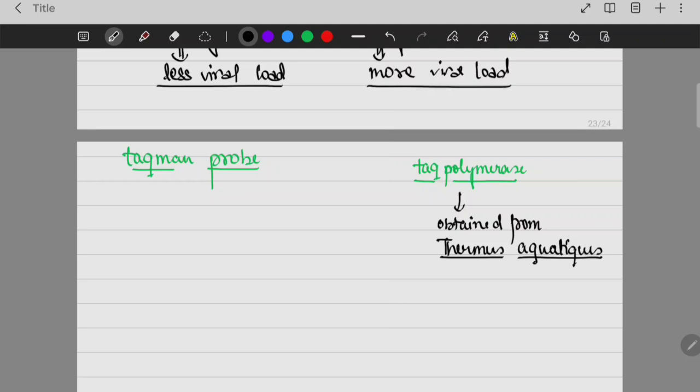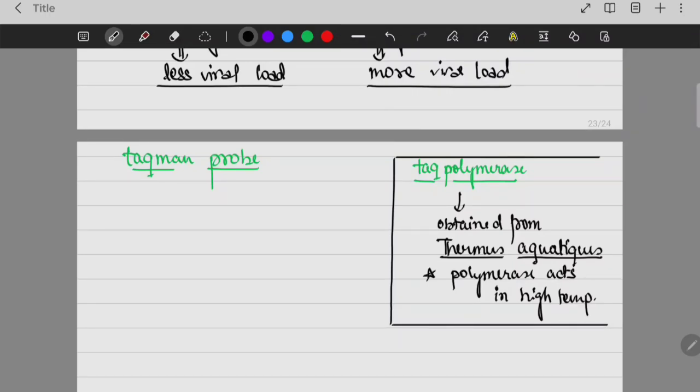So it will be helpful at high temperatures like 72 and 80 degrees Celsius for the proliferation and extension of the chain. So obtained from Thermus aquaticus, and the special feature is that the polymerase acts at high temperature. I have missed this part.